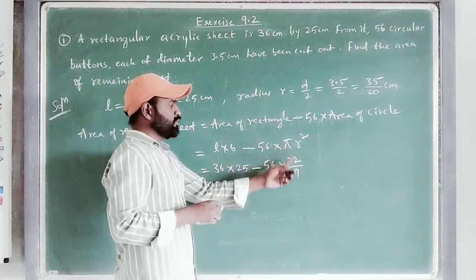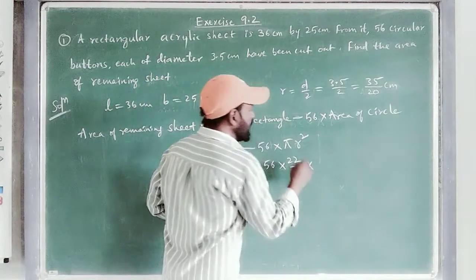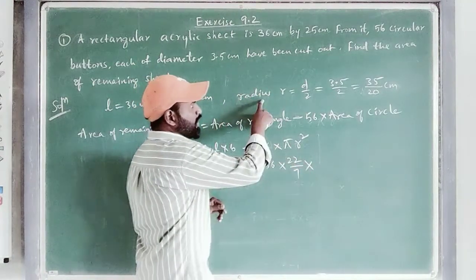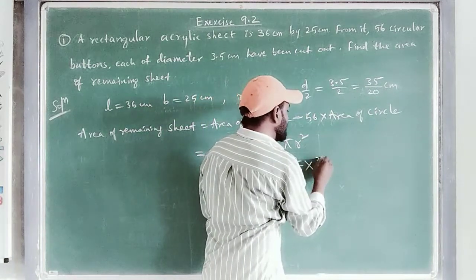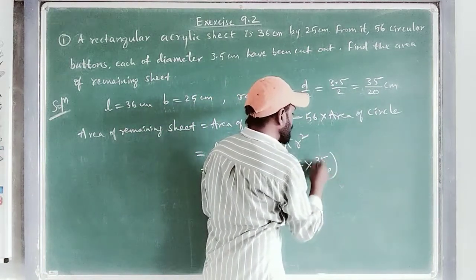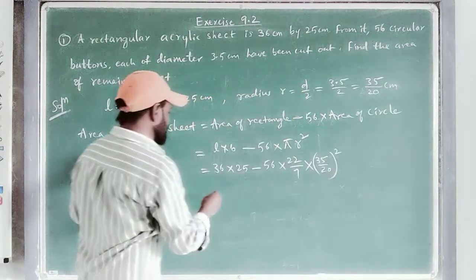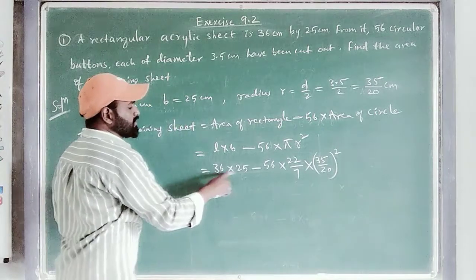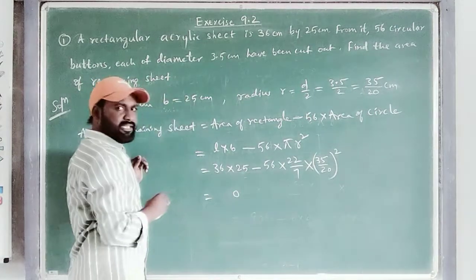Pi value we will use usually 22 by 7 into r square. R means what? Here we got that 35 by 20 whole square. Why? Because r has got square, we have to write square for this one. Now multiplying this 36 into 25. 25 6s are 150. So I am writing 0 here.